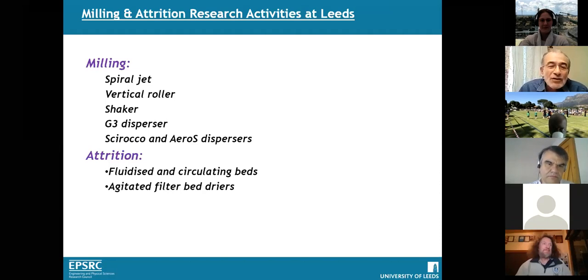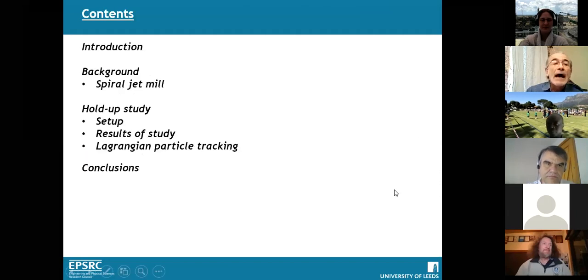We have published the work on how they break particles. On the attrition side, we have a project on attrition in fluidized beds and circulating beds, which is supported by Total of France and Institut Français du Pétrole, and also attrition in agitated filter bed dryers, which is supported by AbbVie in Chicago.